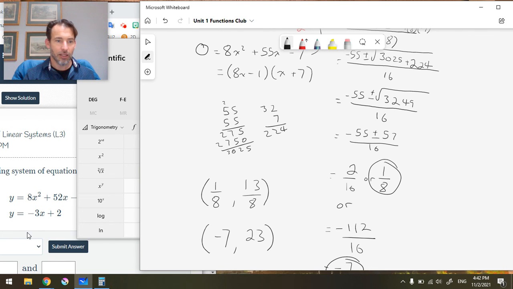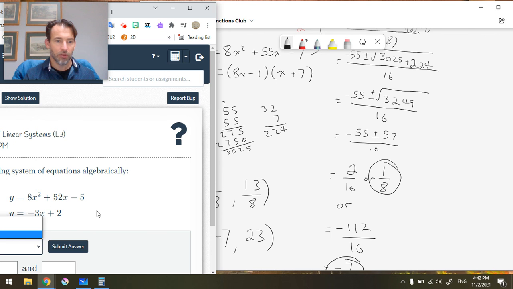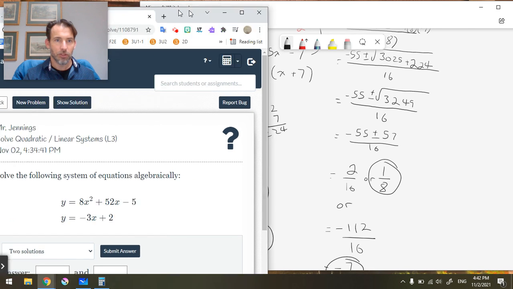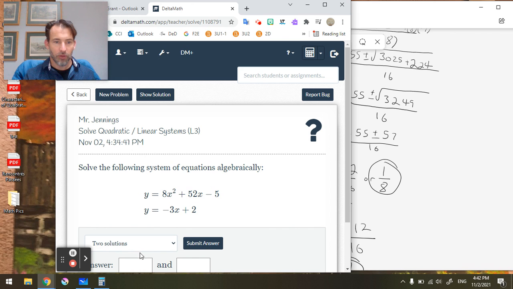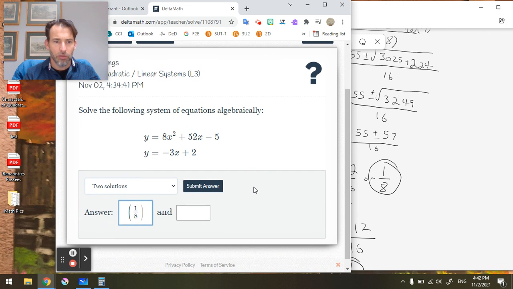Let's go ahead and submit that. We have two solutions. The first one happens at 1 over 8, comma, and then we said that was 13 over 8 for y, and bracket.